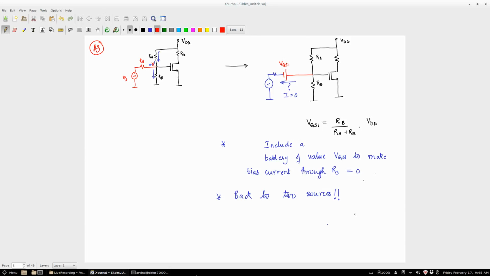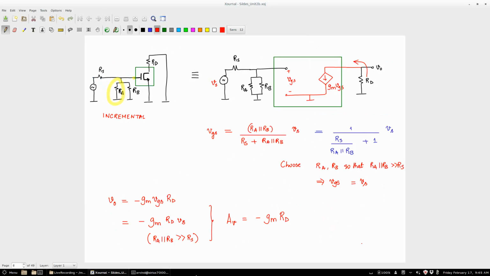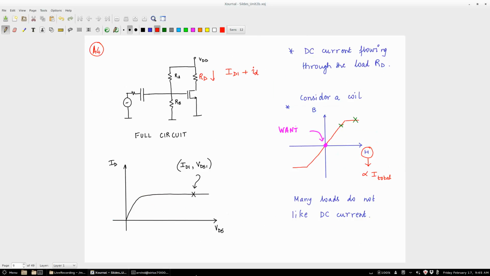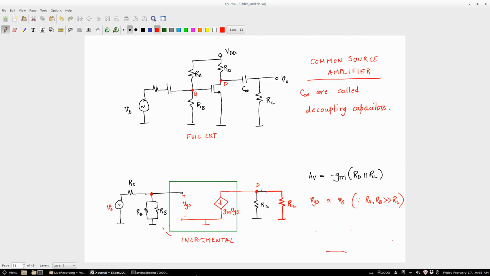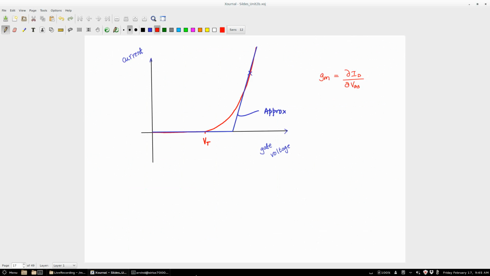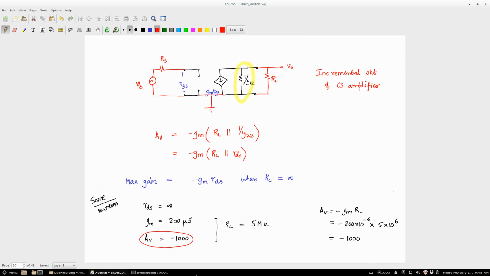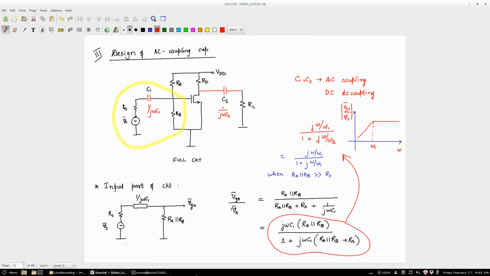We wanted a certain kind of bias point circuit and a full circuit, right? Then we found that we can do some kind of voltage divider. There was a problem with that voltage divider, so we said we want to get everything from a supply, and we did a few changes. Then we introduced this decoupling capacitor, but the motivation was by assuming that it behaves like a battery. Okay, that's an interesting kind of analysis.